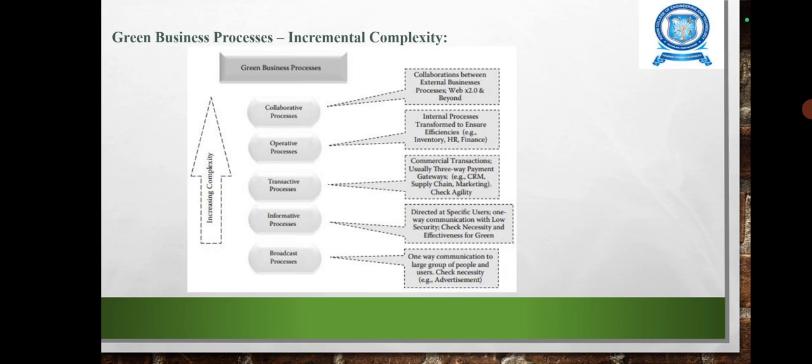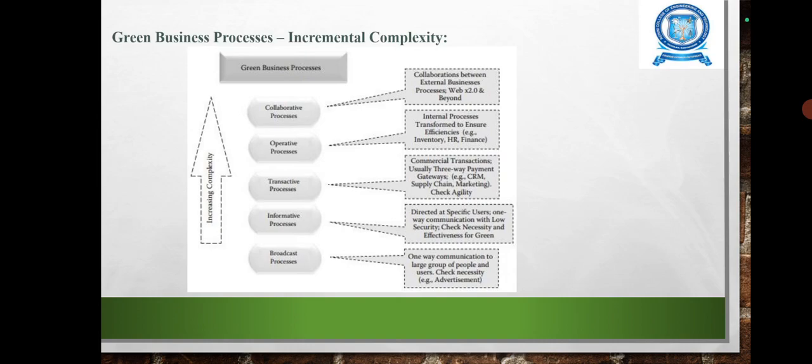Next one is transactive processes. It is also called electronic commerce processes. It requires a three-way interaction, that means between the vendor, customer and the payment facility. The next one is operative processes. It is used for more complexity and deals with the internal and operational aspects of the organization.